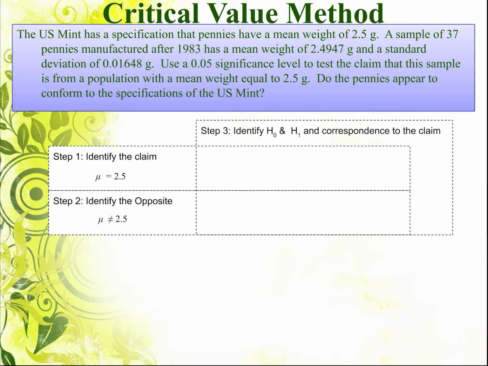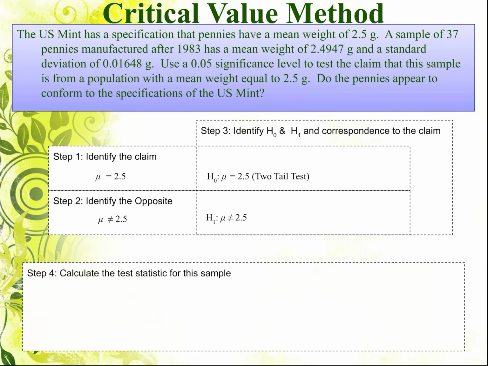So for step 3, when we identify our null hypothesis and alternative hypothesis, the null hypothesis will be the one where it's equals to, mu equals 2.5, and the alternative hypothesis will be where mu is not equal to 2.5. Since it's not equals to, that's going to give us a two-tailed test.